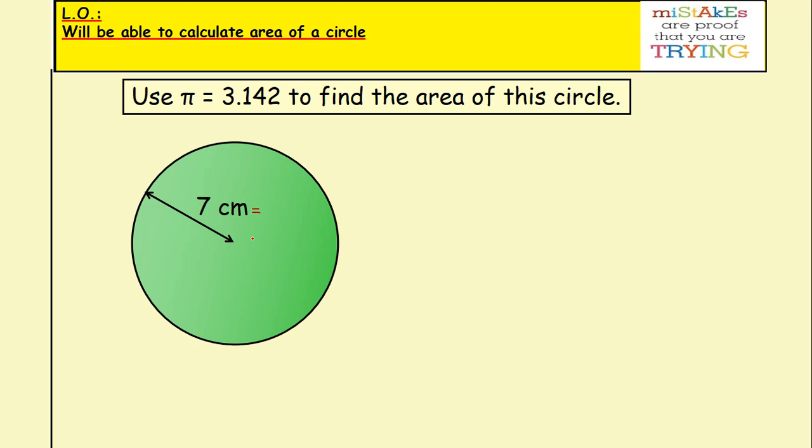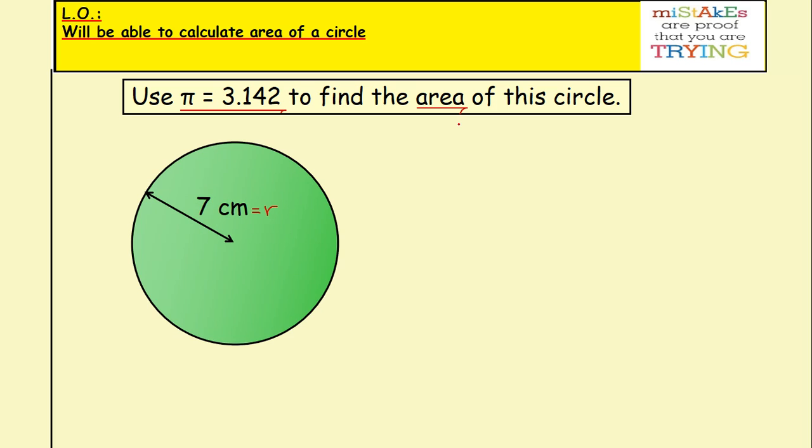Now we check what line is represented by this number, so we know this will be the radius of the circle. Then we check the worded part of the question and underline key information. So again, we underline pi equals 3.142, and we need to find the area of a circle.